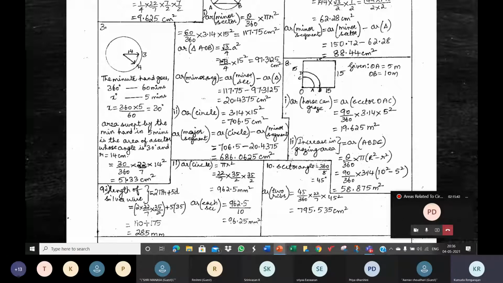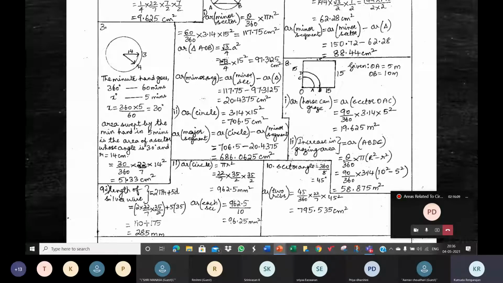The wire is also used in making 5 diameters. You can see it in the figure. You can see 10 radii, 5 diameters. Please count the diameters there in the brooch. The wire is also used to make the diameters, which divide the circle into 10 equal sectors, as shown in the figure.